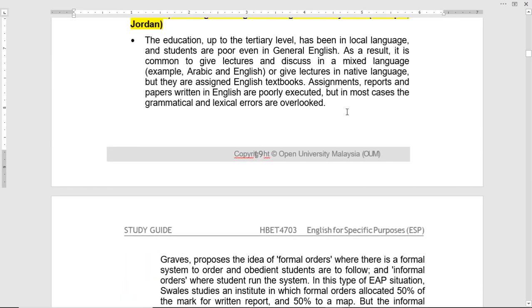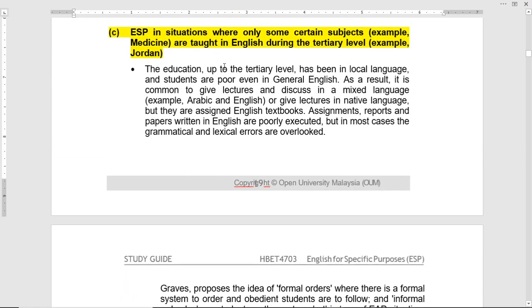So this is following the ESP model. Certain things are overlooked when you teach English for academic purposes in their tertiary level education. Some of these aspects can be seen also in the Sri Lankan context.